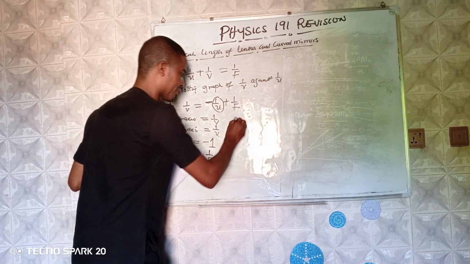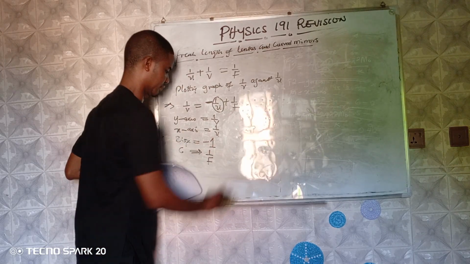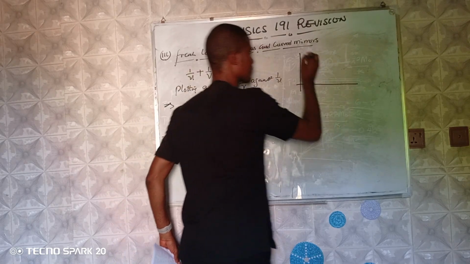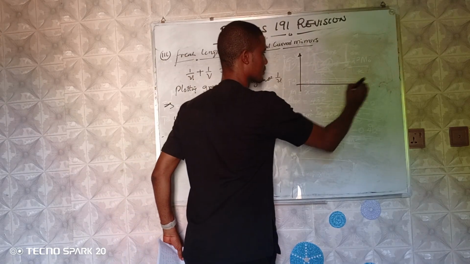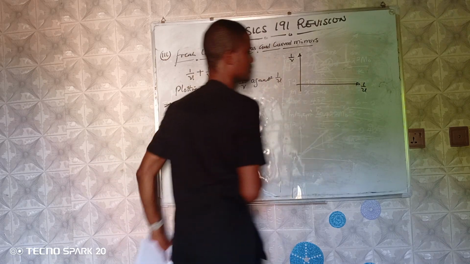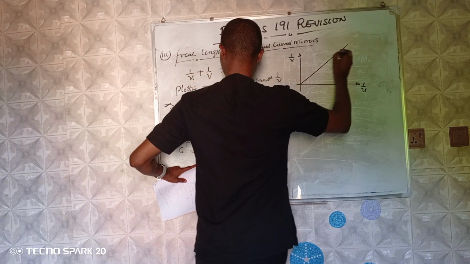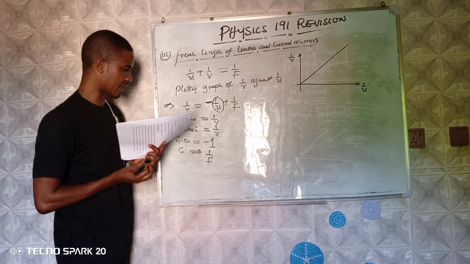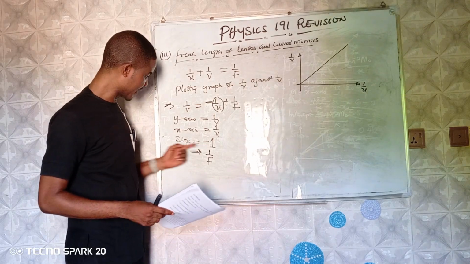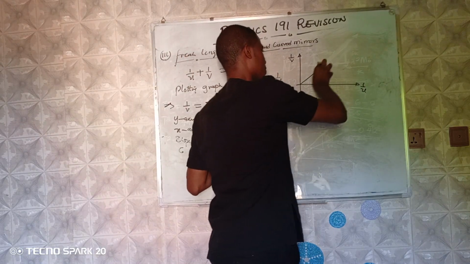Now, if I plot this graph of 1 over v against 1 over u, it's a straight line graph. Now watch: my slope is minus 1, so I'm going to have a negative slope, not a positive slope.